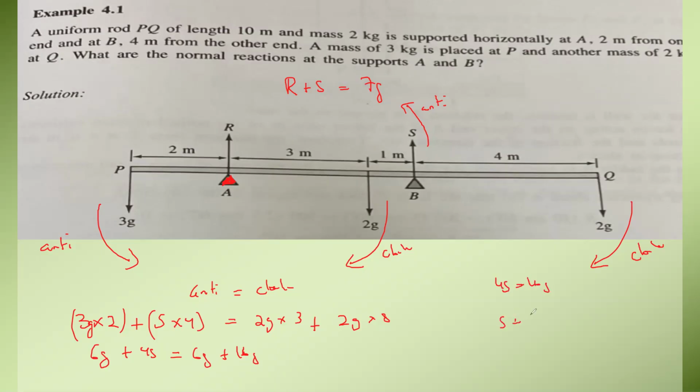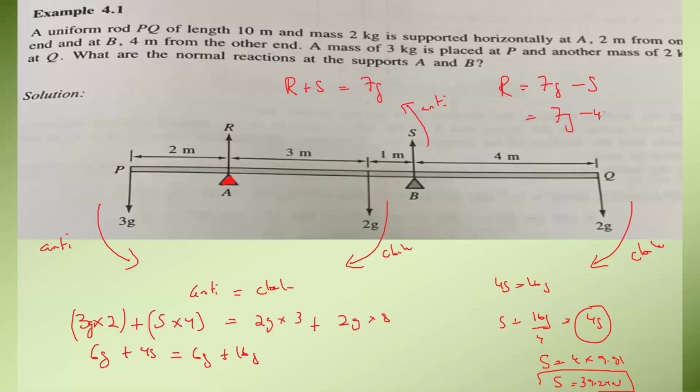So S is equal to 16G over 4, so S is equal to 4G. What does it mean? S will be equal to 4 into 9.8, which gives us 39.24. So the value of S is 39.24 newtons. And how do we work out the value of R? R is 7G minus S, and S was equal to 4G.